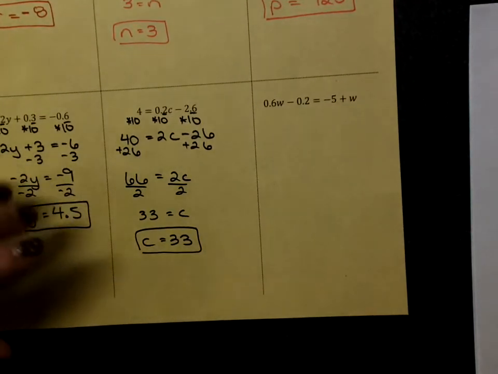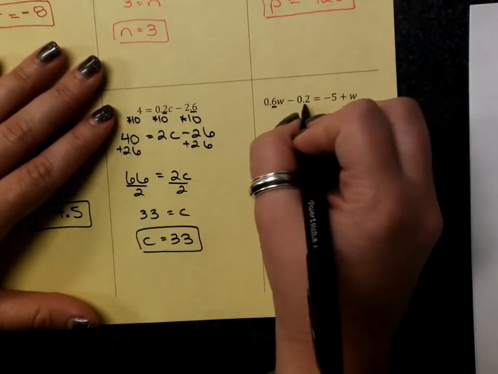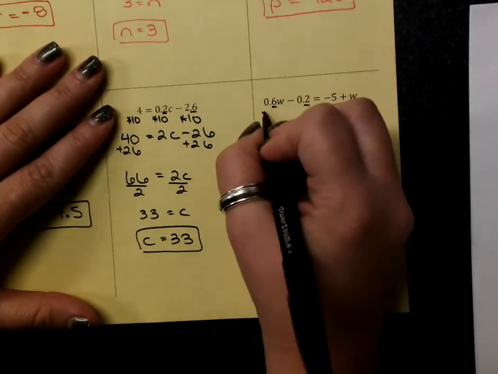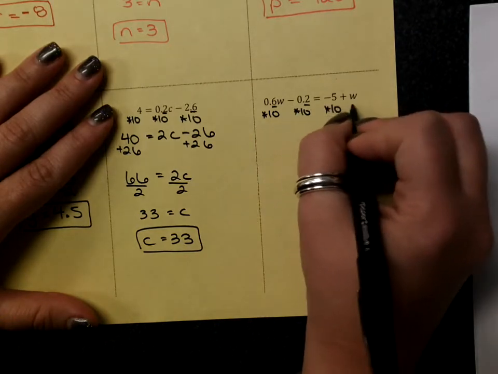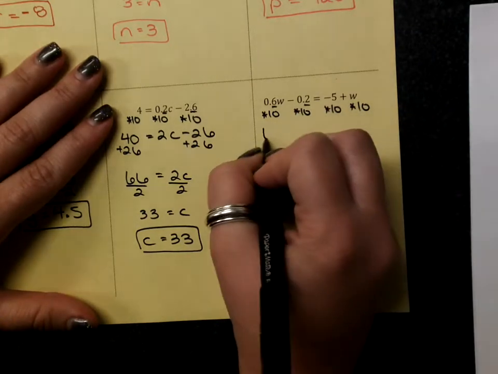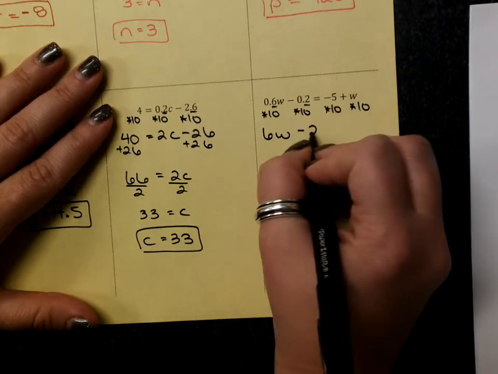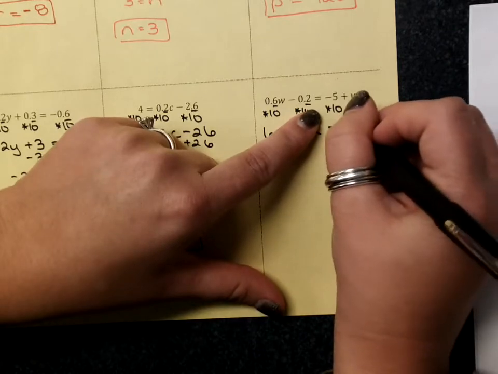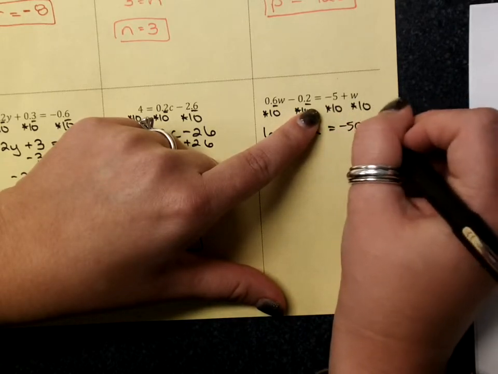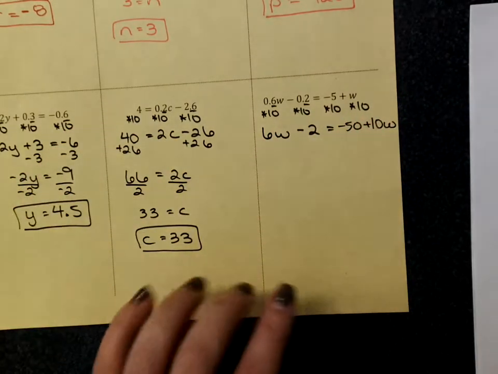And the last but not least, we've got one decimal place, one decimal place. Everybody's going to multiply by 10. 6w minus 2 equals negative 5 times 10 is negative 50 plus 10w.